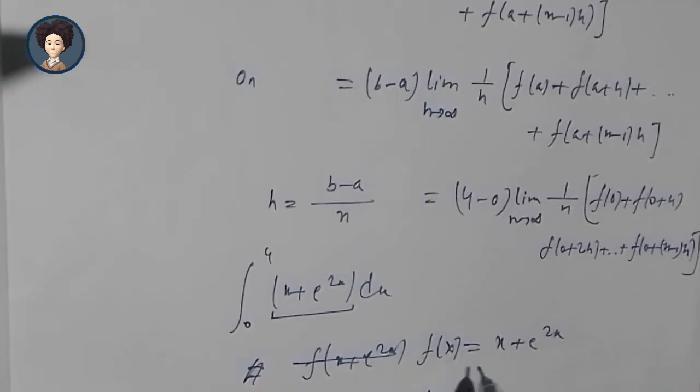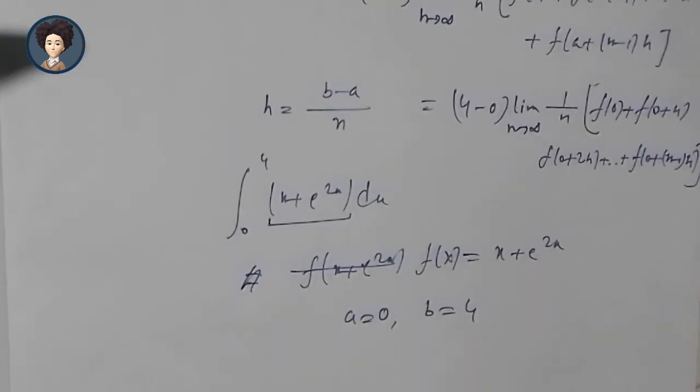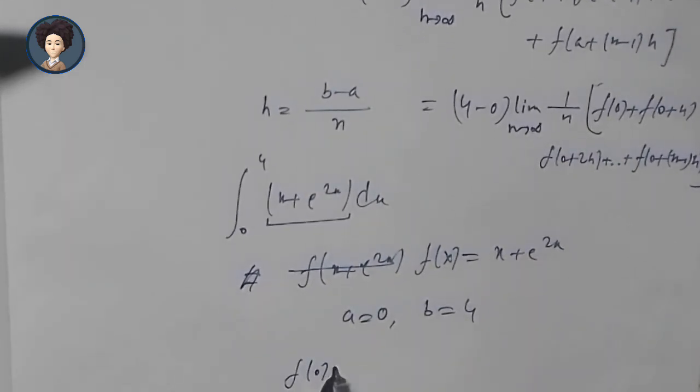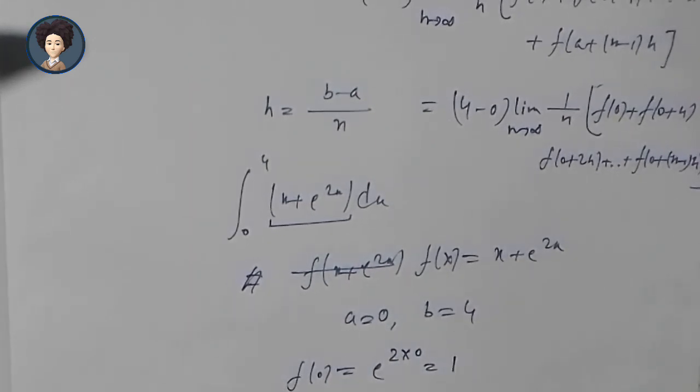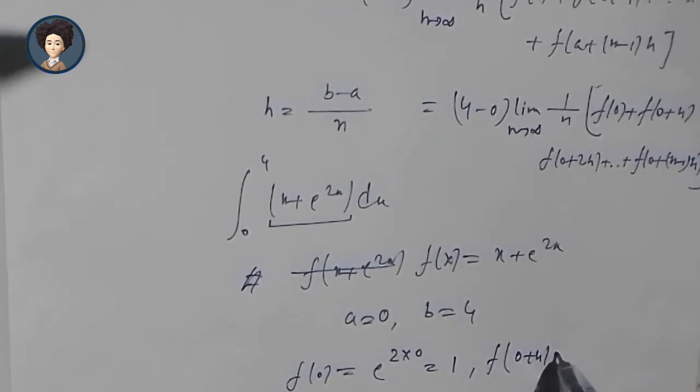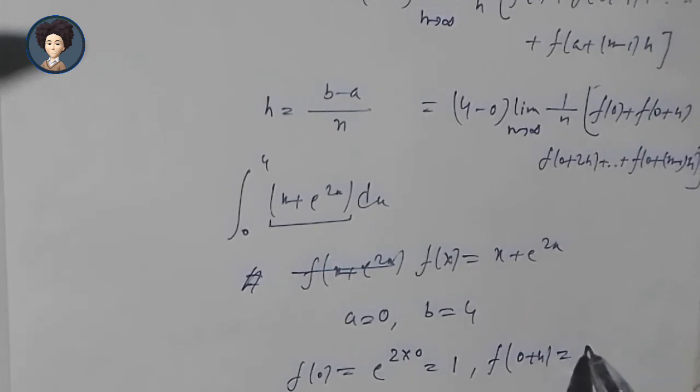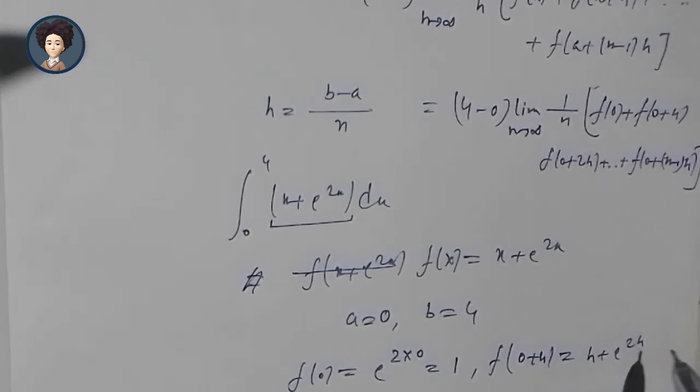Since our function is f of x equals x plus e to the power twice x, f of 0 becomes e to the power 2 into 0, and that is 1. Again, f of 0 plus h will be h plus e to the power twice h.